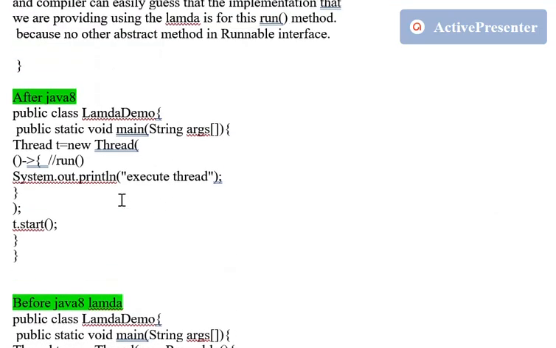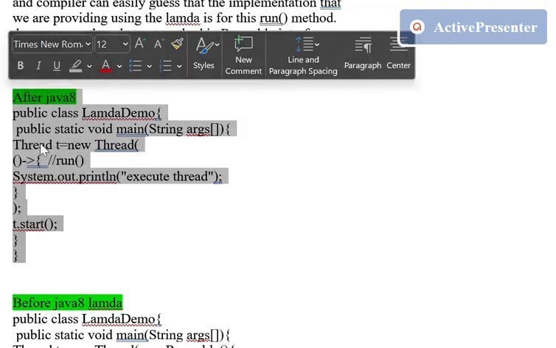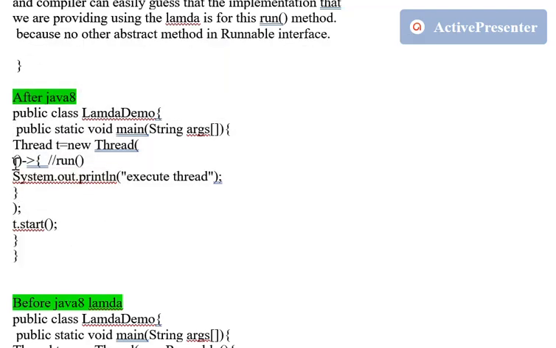But using lambda and a functional interface, this is the most concise code. Here we are not providing the method name run. Without providing the method name, we are providing the implementation to this method.